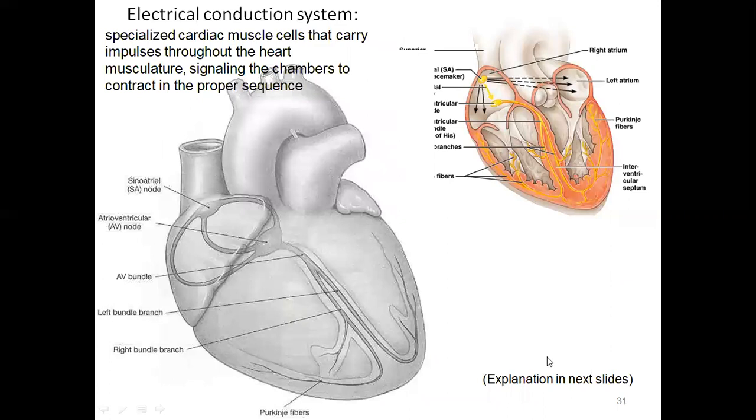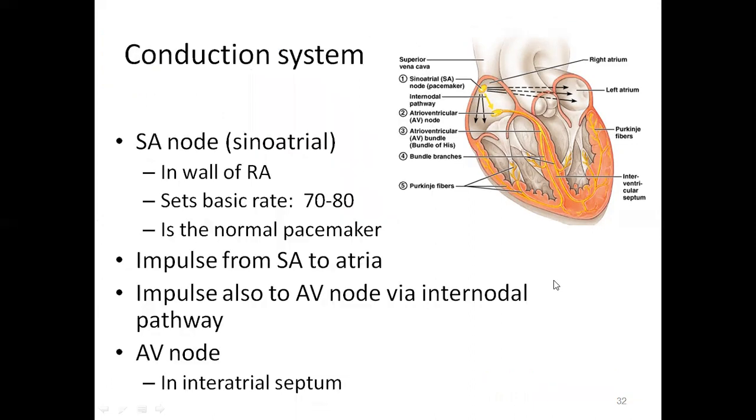See, the heart has an electrical conduction system. The specialized cardiac muscles are there that carry impulses throughout the heart musculature, signaling the chambers to contract in proper sequence. So that's why we always note down the electrical conduction of the system.